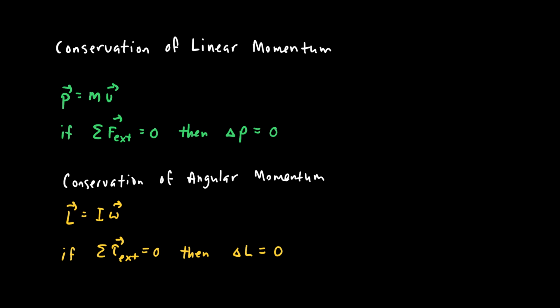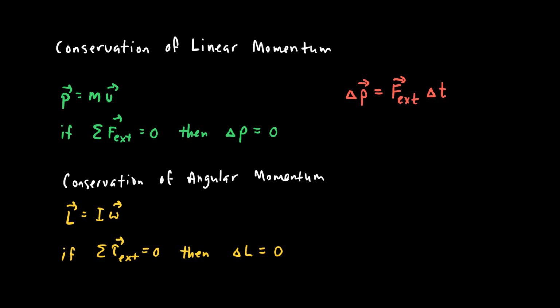When we studied momentum, we said that there can be a change in momentum, and that change in momentum was equal to the external force that was applied times the time interval over which that external force was applied. And we said that that external force over that time interval was exerting an impulse on the object, and that impulse causes a change in momentum. So momentum can change, and it's given by this equation.